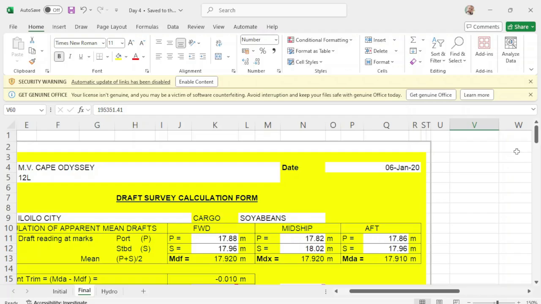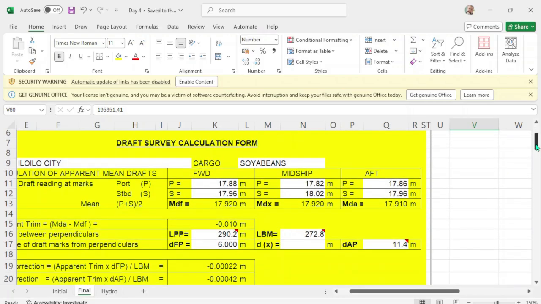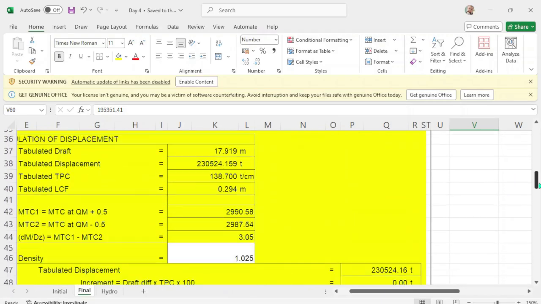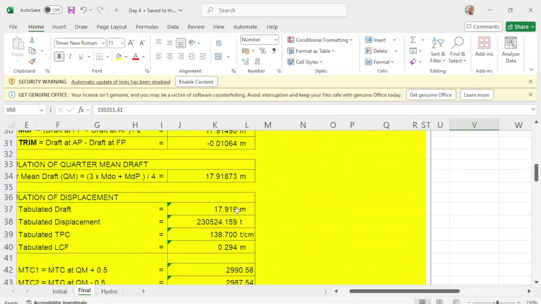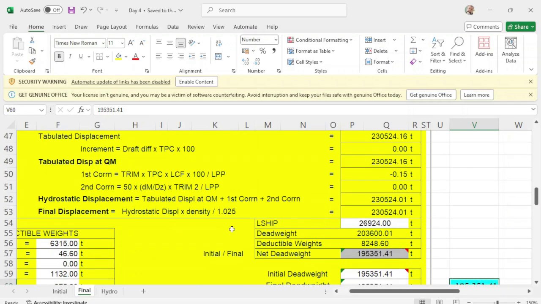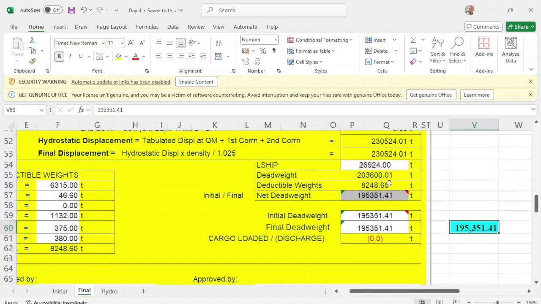So take note, guys, the usual error is in putting the figures on the hydrostatic tables from these cells: displacement, TPC, LCF, and the value of MTC. This one is already automatic, and this one also the light shift, put the light shift manually, and this one all your ROB.